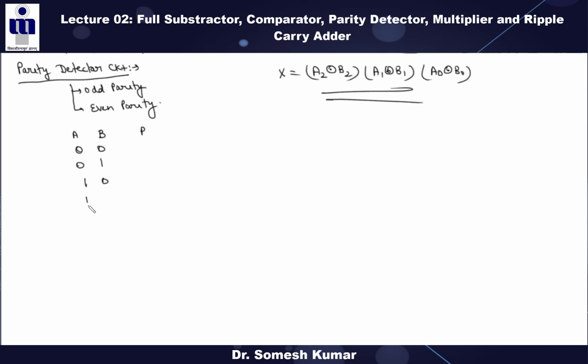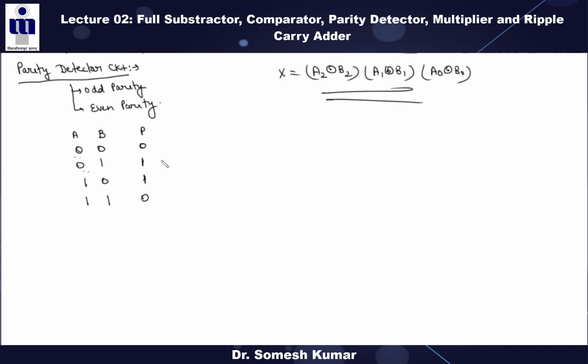For example, if there are two inputs, then the possible combinations are 4. Now tell me, this is your parity circuit. If both inputs are 0 0, then P should be 0, right? And if it is 0 1, then P should be 1, and so on. What is the meaning of this?